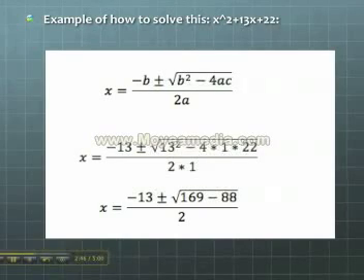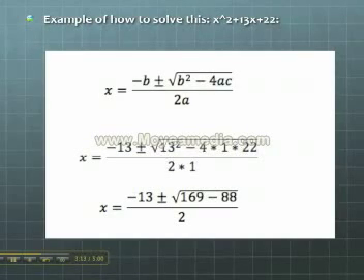An example of how to solve x squared plus 13x plus 22 equals 0 by using the quadratic formula is, first you write the formula, then you substitute a equals 1, b equals 13, and c equals 22 into the formula, which gives x equals negative 13 plus or minus the square root of 13 squared subtract 4 times 1 times 22, divided by 2 times 1.